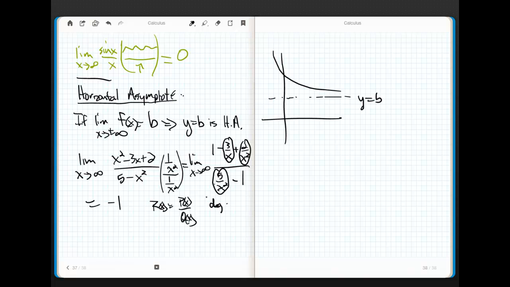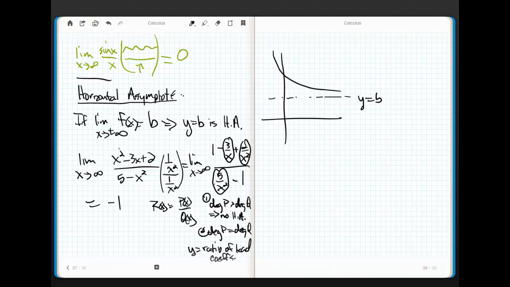We had three different instances. If the degree of p is greater than the degree of q, didn't this imply no horizontal asymptotes? Two, if the degree of p equals the degree of q, then y equals the ratio of lead coefficients. Remember that? It's starting to fade.